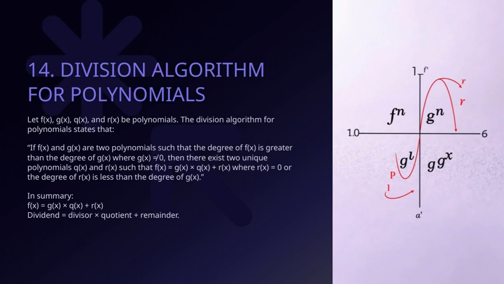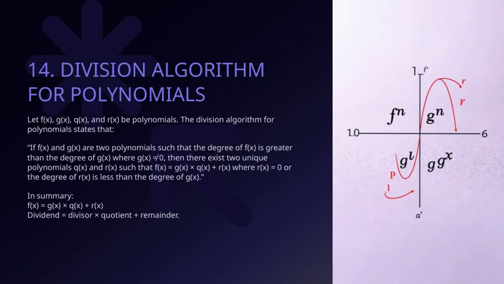Now, an important point here is that if the degree of f(x) is greater than the degree of g(x), and g(x) is not 0, then there are unique polynomials q(x) and r(x) that satisfy this equation. The key is that the degree of the remainder r(x) is either 0 or less than the degree of g(x).